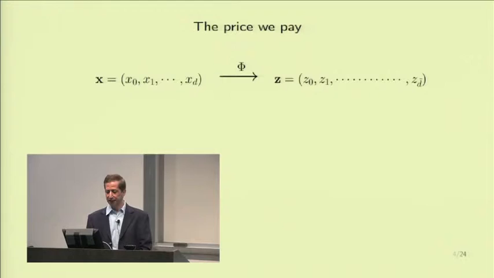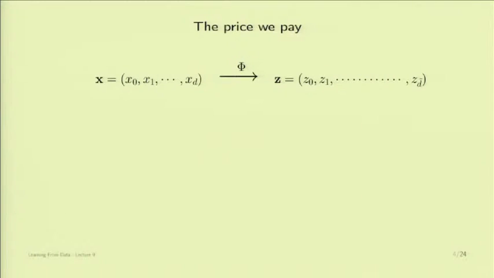Okay, so this is the transform. Now, if you look at the X space and ask, what is the generalization behavior in the X space? Let's say that you don't do the nonlinear transform, you do the linear model in the X space. Well, in that case, you are going to get a weight vector in the X space, and the dimensionality of the weight vector is d plus 1.